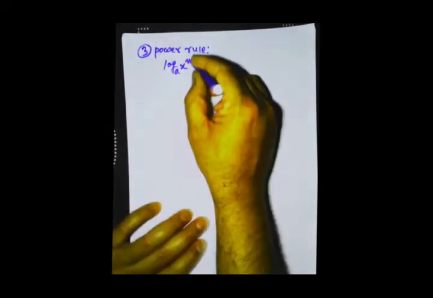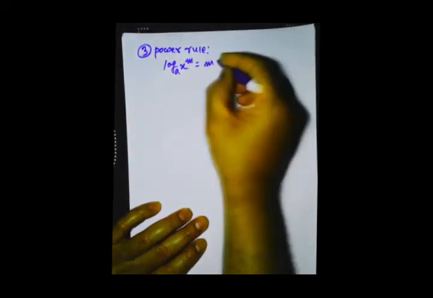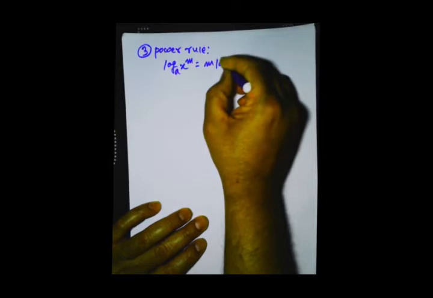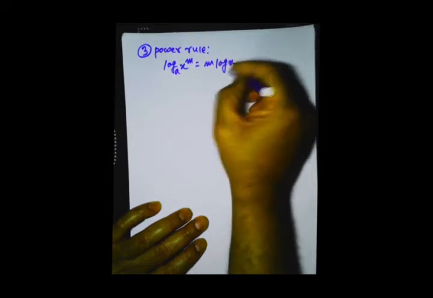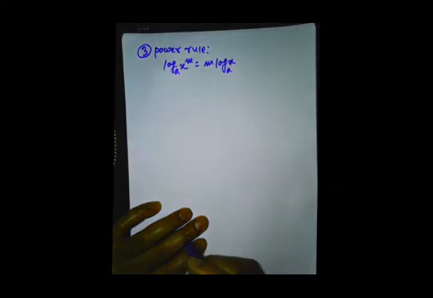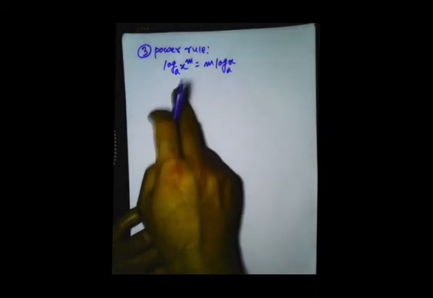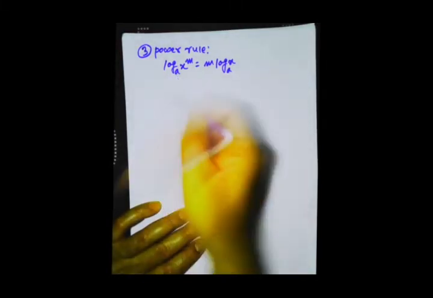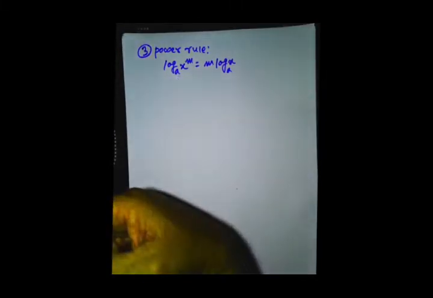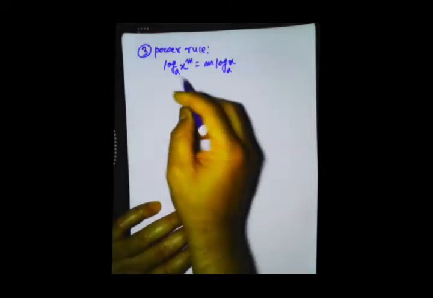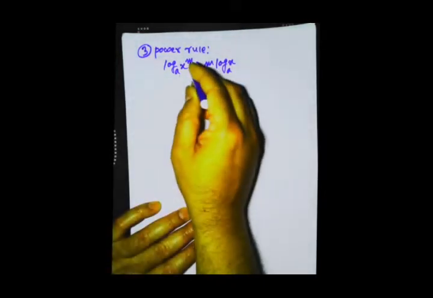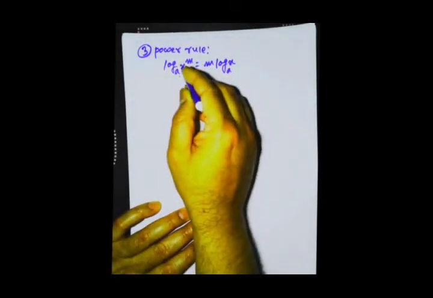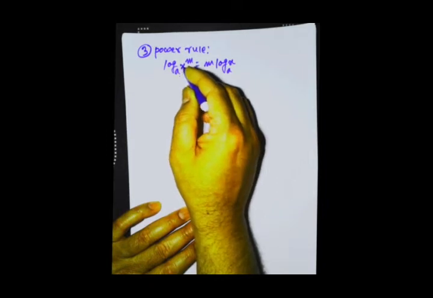The power will come in front, and then it will be m times log x to base a. So this is another relation for this kind of logarithm. The base is a, but it can be anything, maybe c, d, 19, 11, whatever, but at this time there is a power m on this number x. This can be either a constant or a variable.